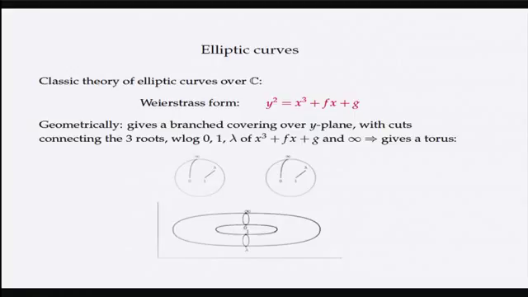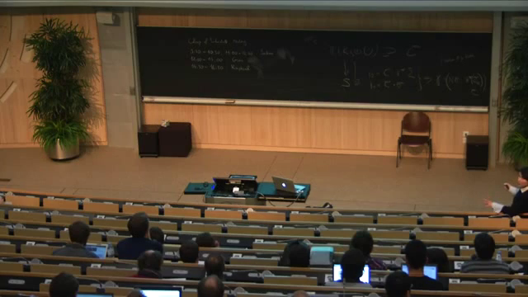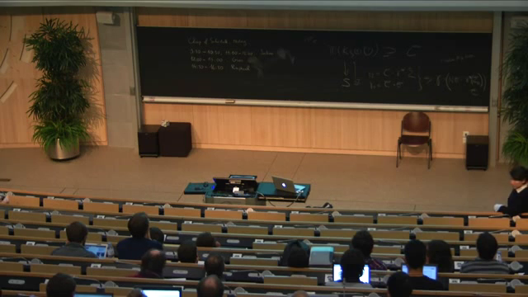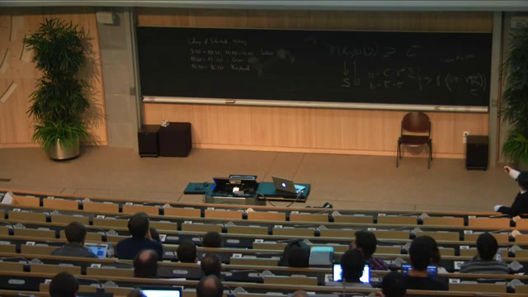For all purposes, that's the complex numbers. And we can always put these into the so-called Weierstrass form, where y and x are complex coordinates, and f and g, for now, are complex numbers: y squared is x cubed plus fx plus g. So why is that an elliptic curve? Well, if we think of this in terms of y, this is a quadratic equation.